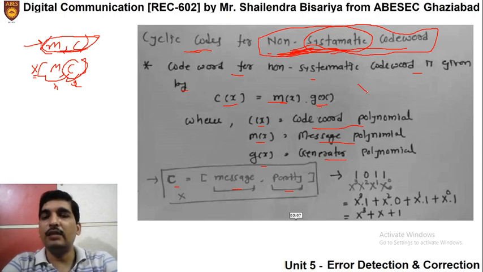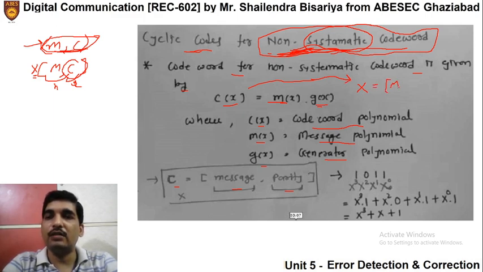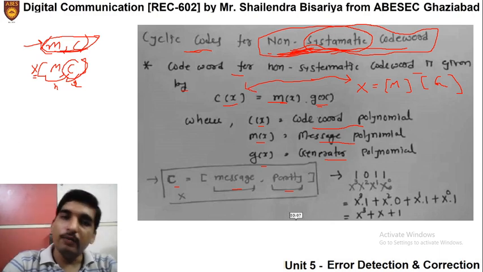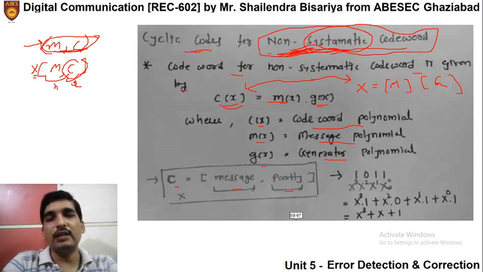It is similar to the previous analysis, where x, the code word, was equal to the message matrix into the generator matrix. It is what we did in linear block code in the last lecture. Now we are doing it in polynomial form for cyclic code, that c(x) is equal to m(x), the message polynomial, multiplied with the generator polynomial g(x).